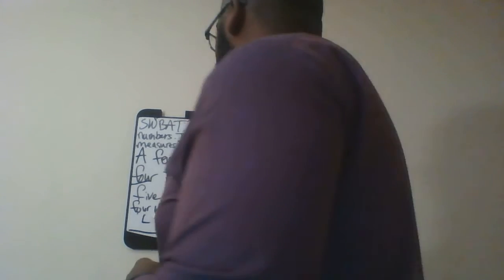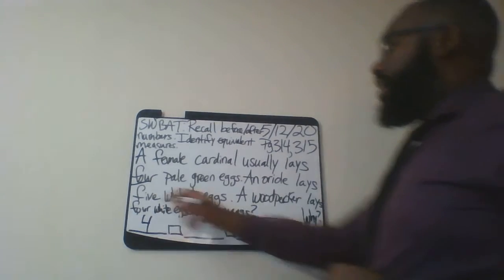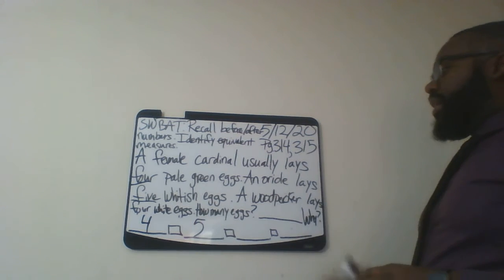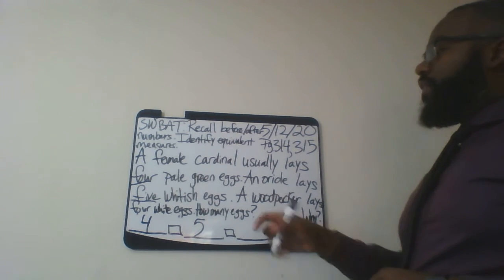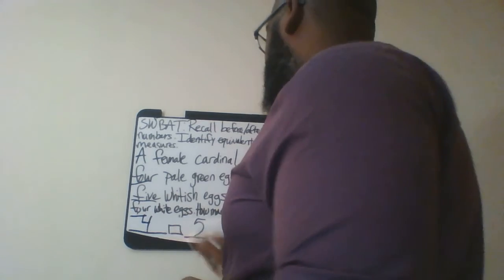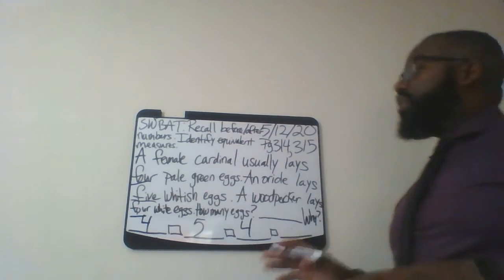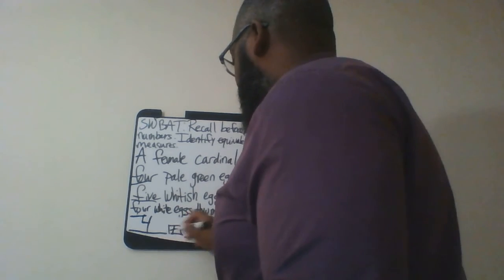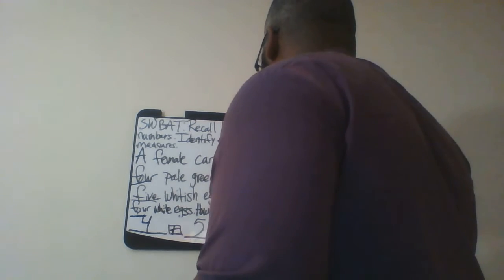Underline 4, and the oriole lays 5. Underline that number 5. And go to the next sentence. A woodpecker lays 4 white eggs. And we all know this is an addition problem. How many in all? So the plus sign, plus, equal.